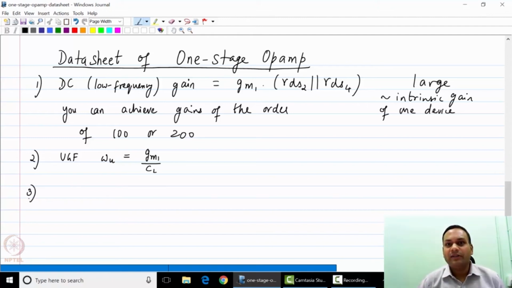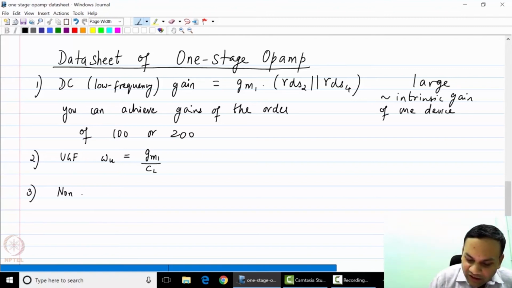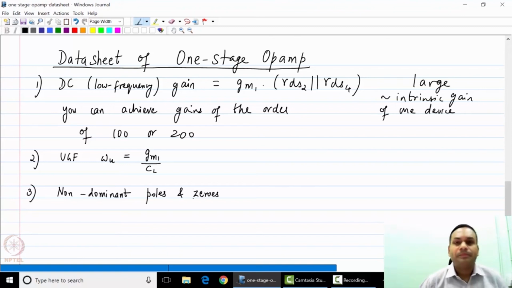The third parameter of interest for us is again related to the frequency response. So we are now interested in the non-dominant poles and zeros, and as we have seen, you have one non-dominant pole and one non-dominant zero due to the non-idealities of the single stage op-amp.